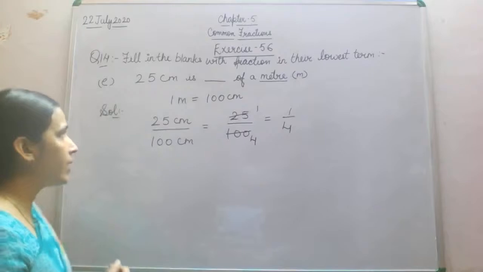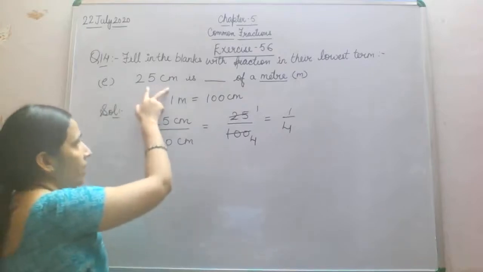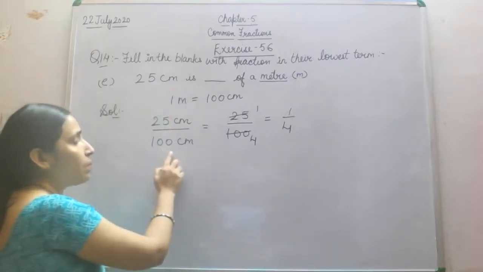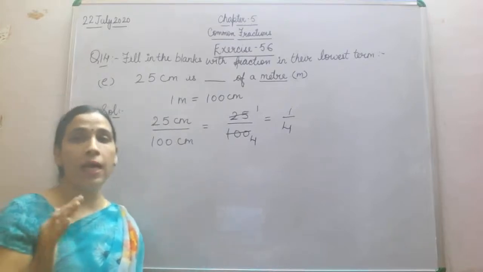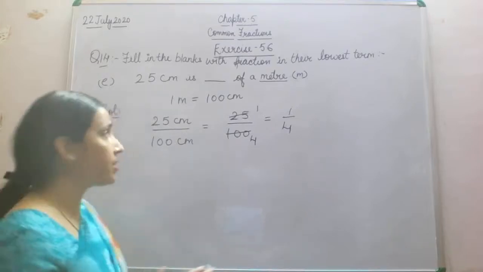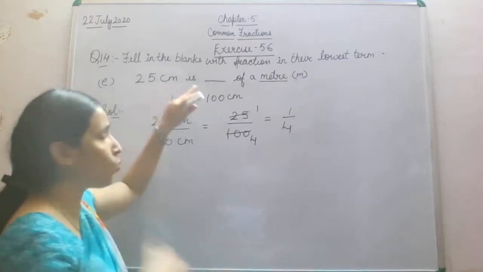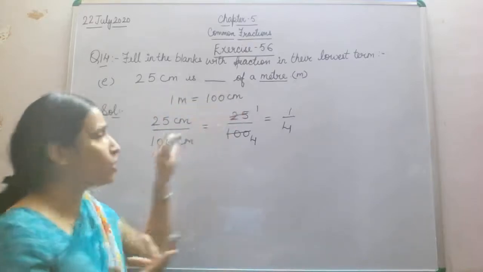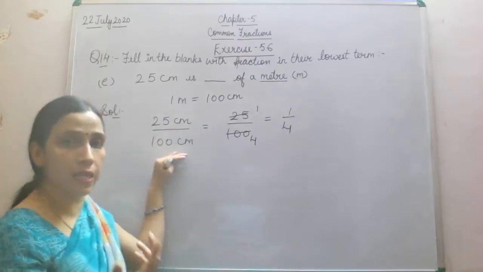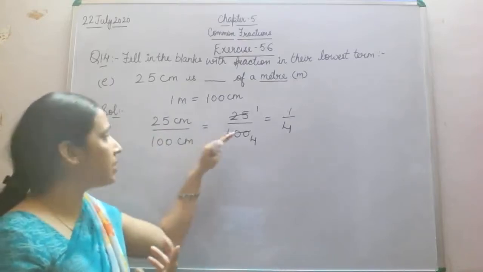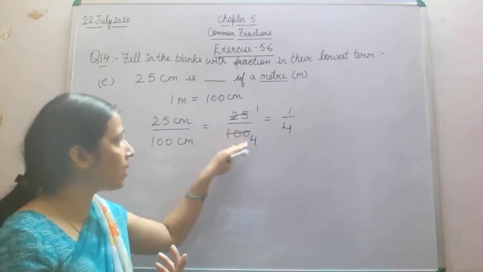So now what is the next step? 25 centimeter will be divided by 100 centimeter, because it is asked in the question, see here, 25 centimeter is what fraction of a meter. So 25 centimeter will be divided by 100 centimeter, which can be written like this, 25 by 100.